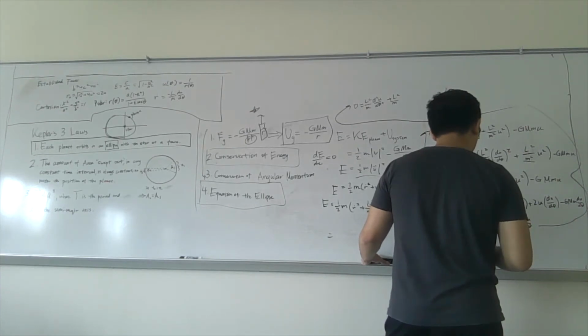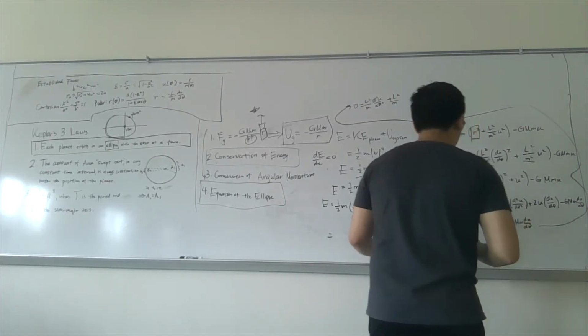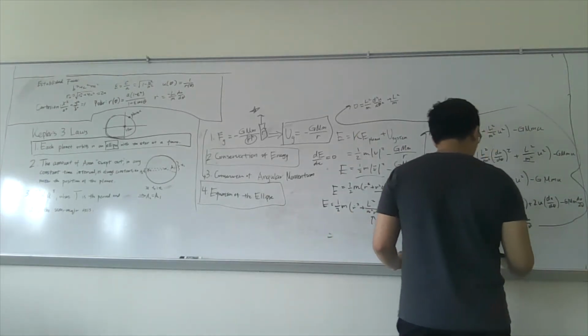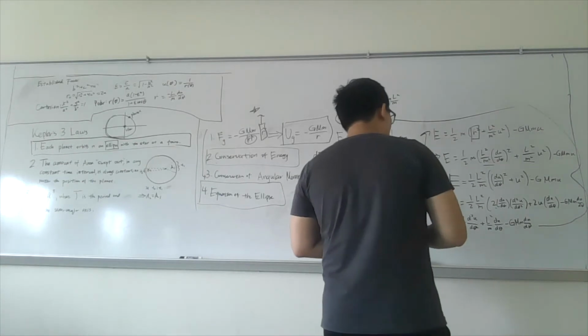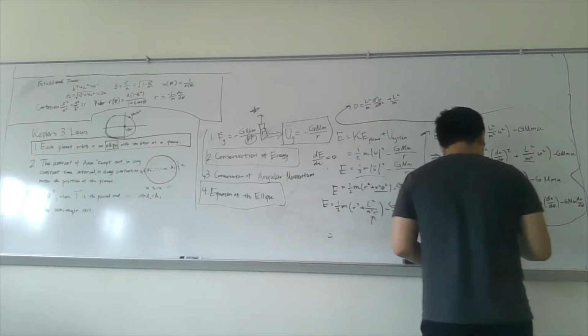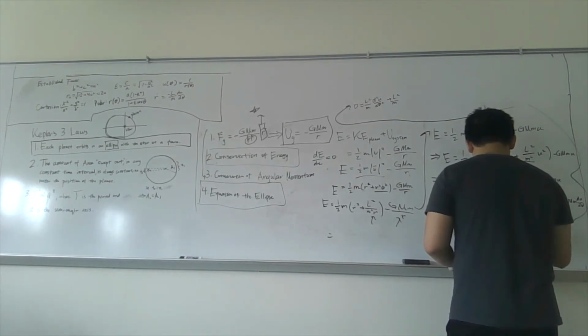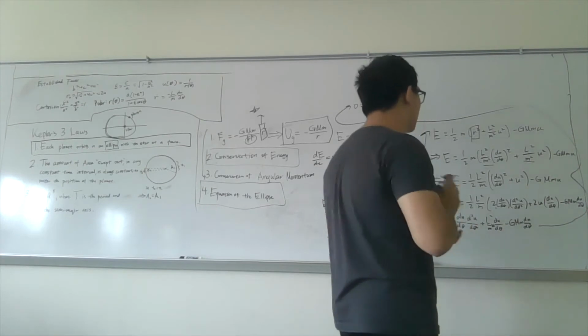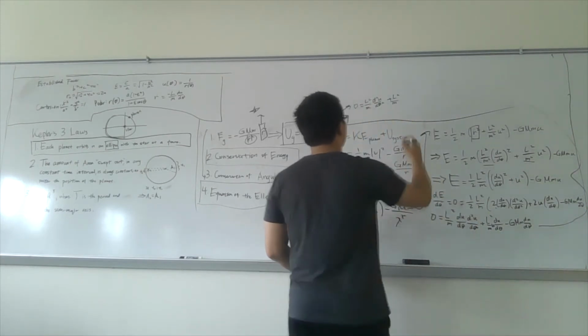Wait, what happened? Oh, I see. I am so sorry. I confused myself for a very long time. I forgot to include that u term in there, but now it's fine.